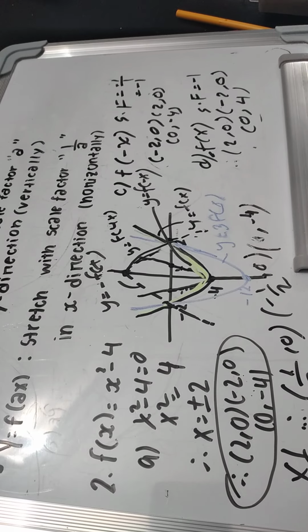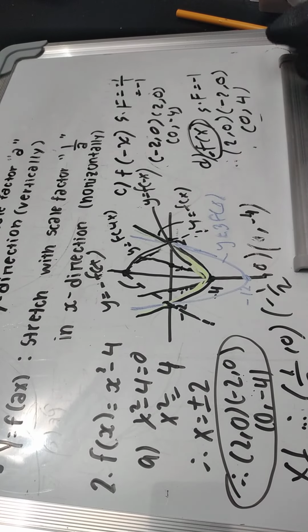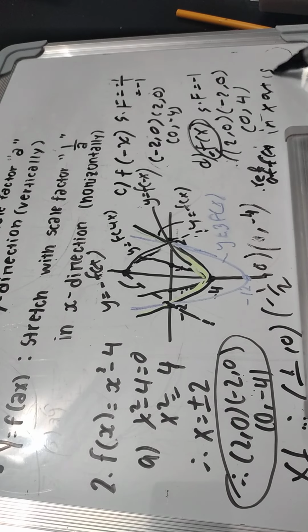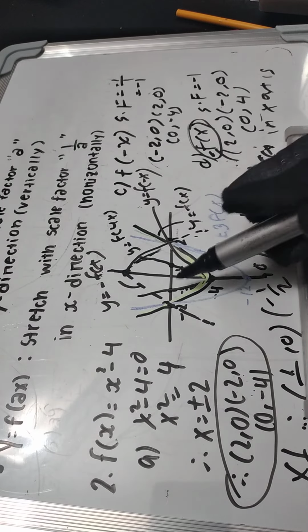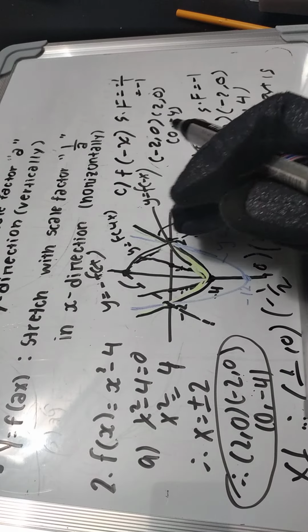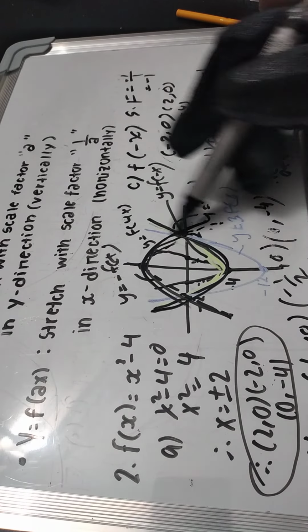Another thing is that if you see this last part, this is the reflection of f(x) in the x-axis, right? Here it is like this, and it reflected in the x-axis, so it became like this. I'm talking about this one, reflected from this.